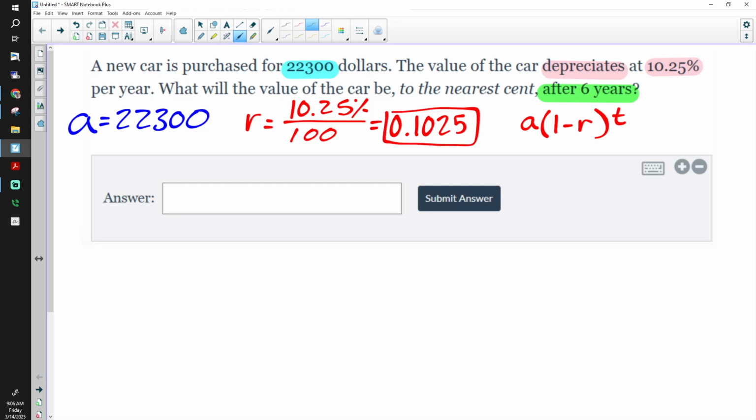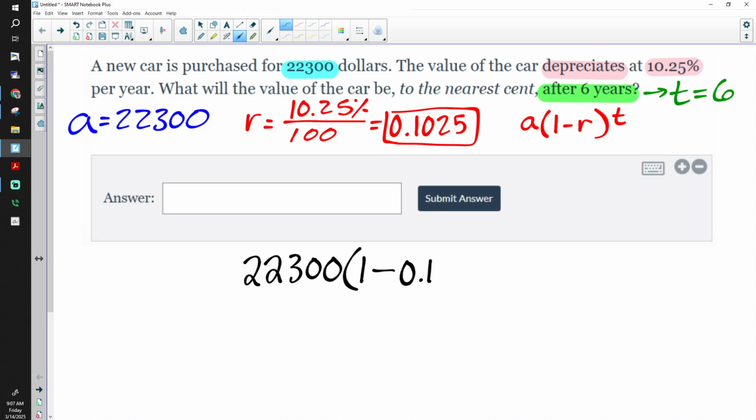And finally, the question asks us, what will be the value of the car after 6 years? So t equals 6. So we're going to take all of these and plug them in. We have 22,300 times 1 minus, since it's depreciating, 0.1025, all to the power of 6.